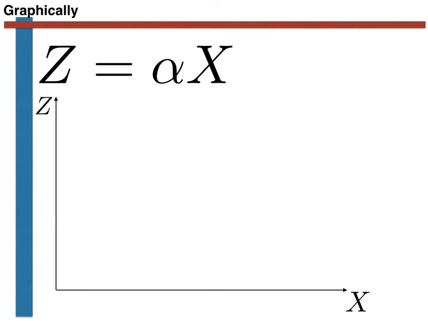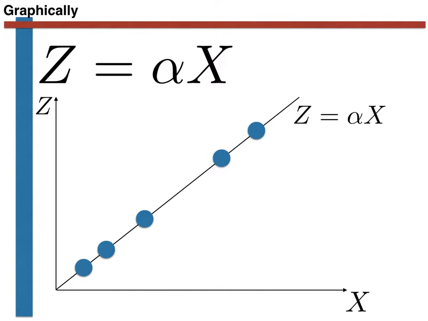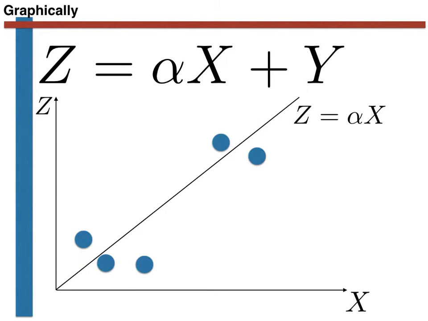When this is the case, Z would be proportional to X, and as shown here, if we plot X and Z on a graph, the random points we generate in the XZ plane all lie on the straight line Z equals alpha X. When Y is non-zero, these points will thus be distributed randomly around the line Z equals alpha X, as shown here. The rest of this video is concerned with the derivation of an important result that concerns the degree to which two random variables can be correlated.